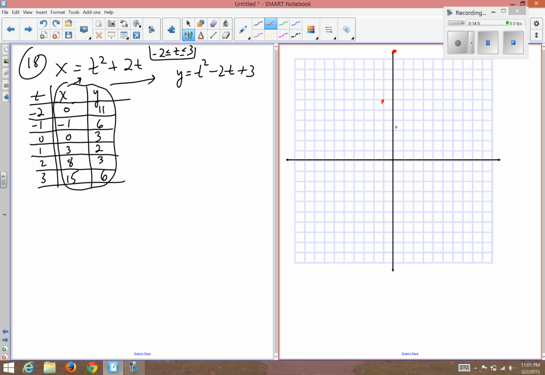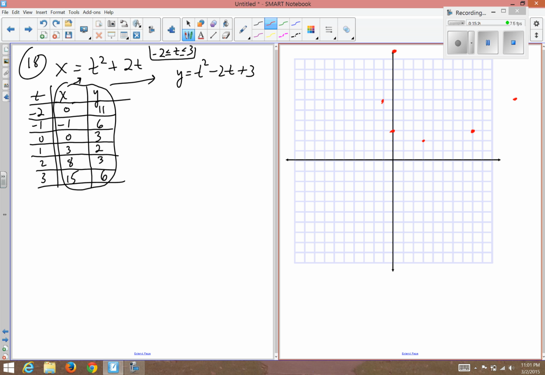Then we go to 0, 3. Then to 1, 2. Then to 3, 3, 8, and then finally 15, 6, which would be roughly there.